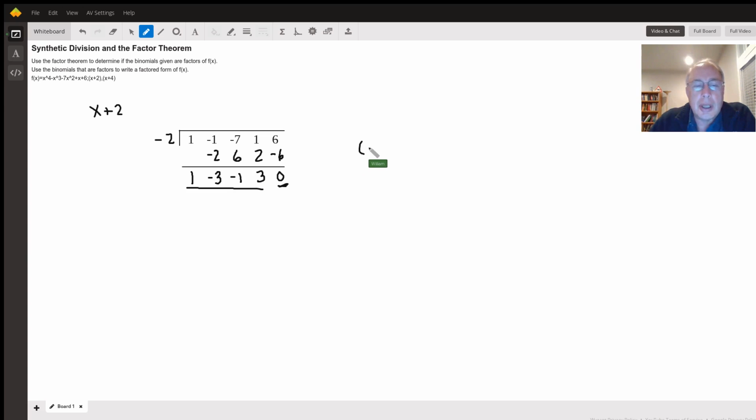So what this tells us is that x plus 2 is a factor of the polynomial, and x plus 2 times this term, the x cubed term that goes here, x cubed minus 3x squared minus x plus 3, multiplies together and gives us what we had originally, the x to the fourth minus x cubed minus 7x squared plus x plus 6.